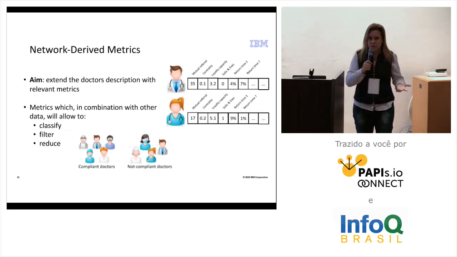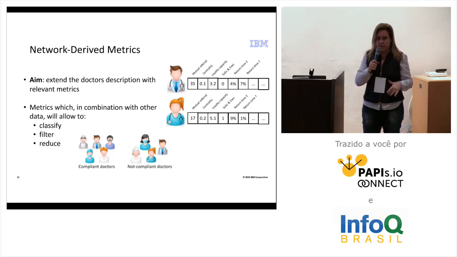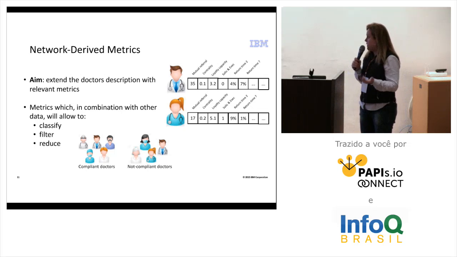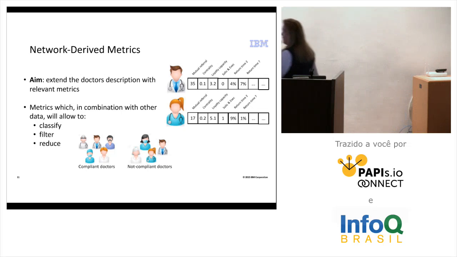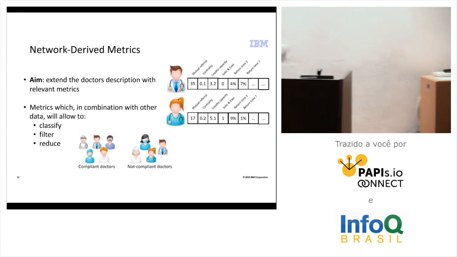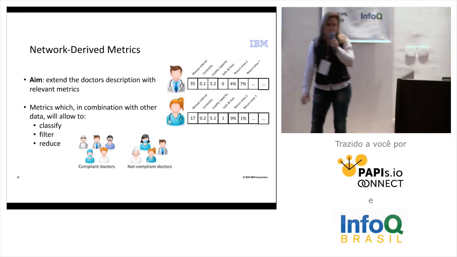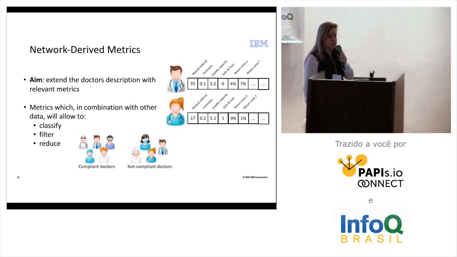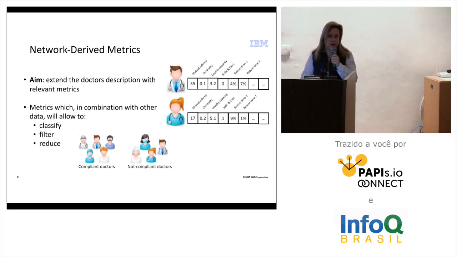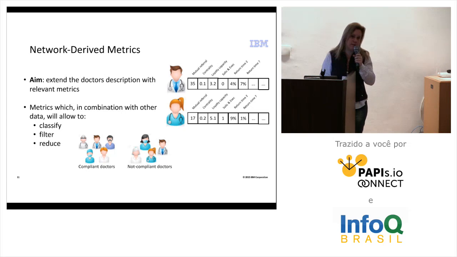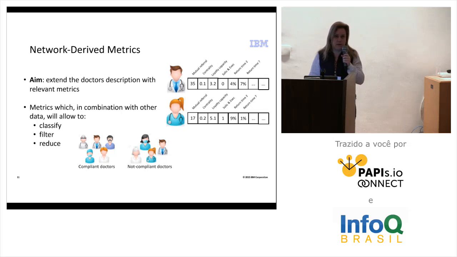So actually we use some state-of-the-art work, but also we develop some metrics to characterize these physicians. And the idea is to build a feature vector of each physician, and then the health insurance company will label this feature vector saying, oh, this is a compliant doctor, this is not a compliant doctor, and then you can build a machine learning classifier, or filter, or reduce, or do something approach with the physicians based on this label.